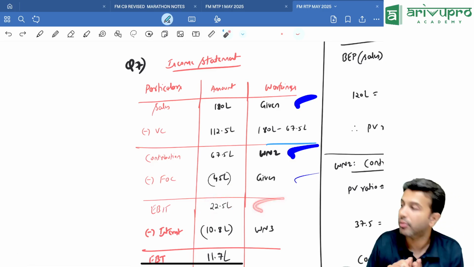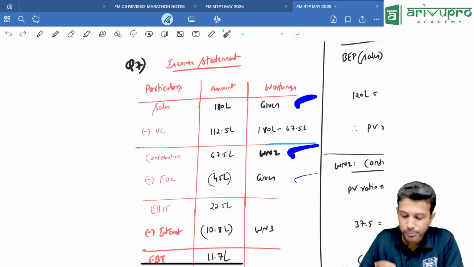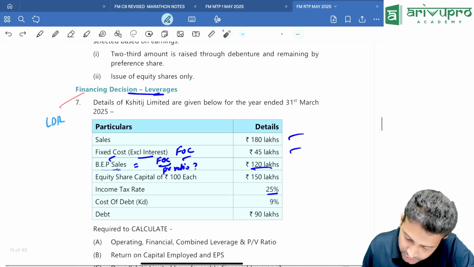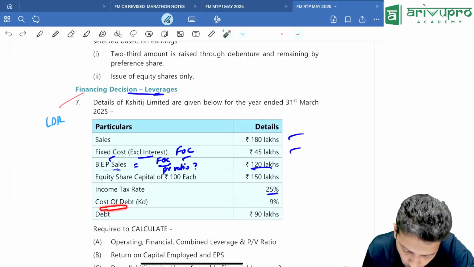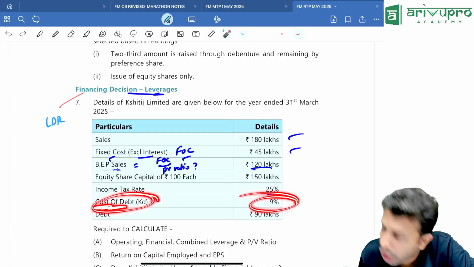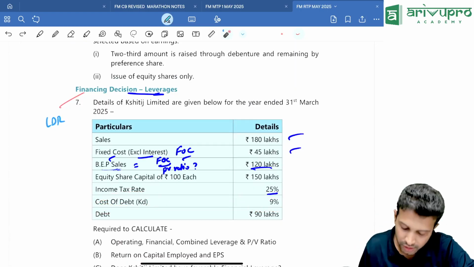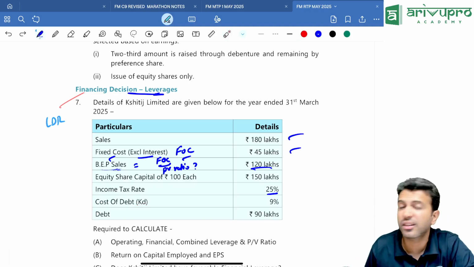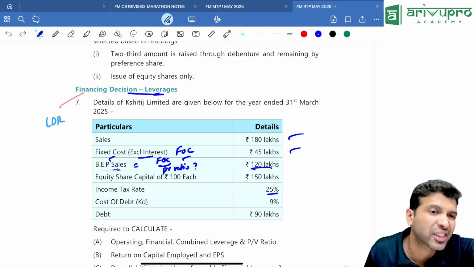So till here we have worked out. Now let's proceed further. What extra information have they given? They have not given the interest rate. They have given cost of debt, KD. Is KD the interest rate or after tax?